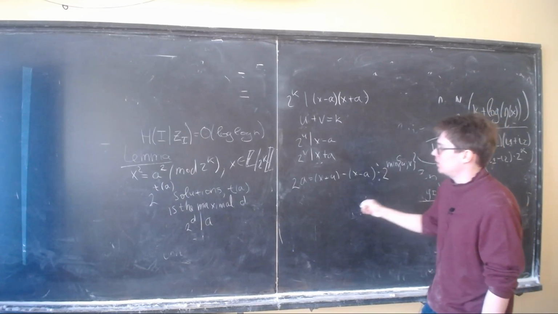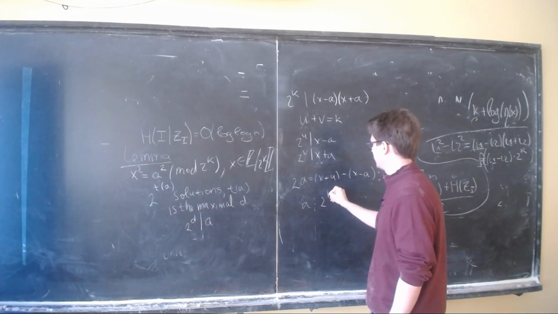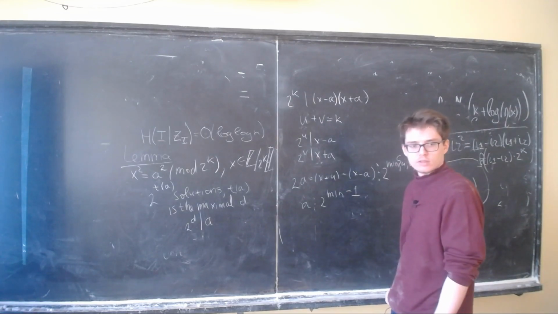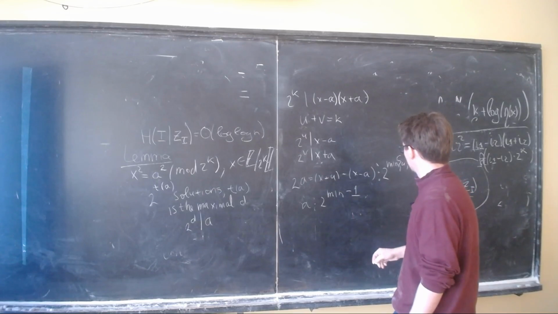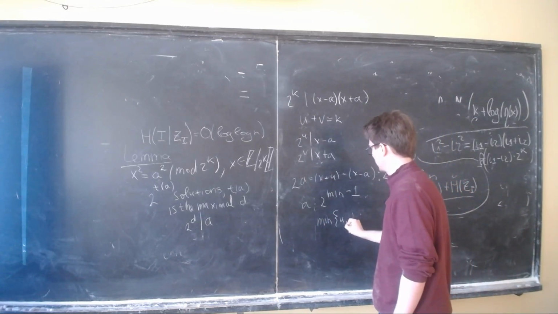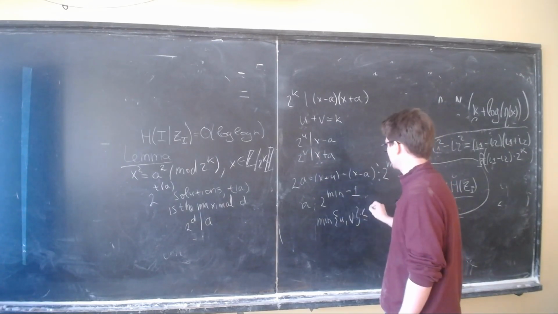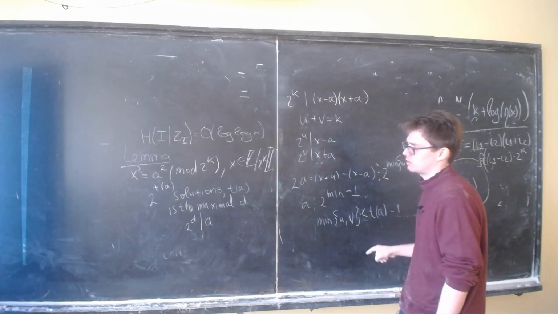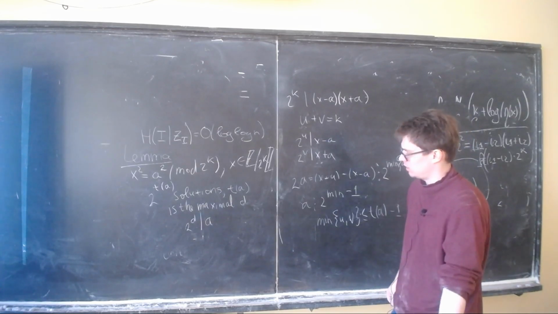And this means that a is divisible by 2 to the minimum minus 1. And by definition, it means that the minimum of u and v is at most t of a plus 1, because t of a is the largest integer such that 2 to this integer divides a.